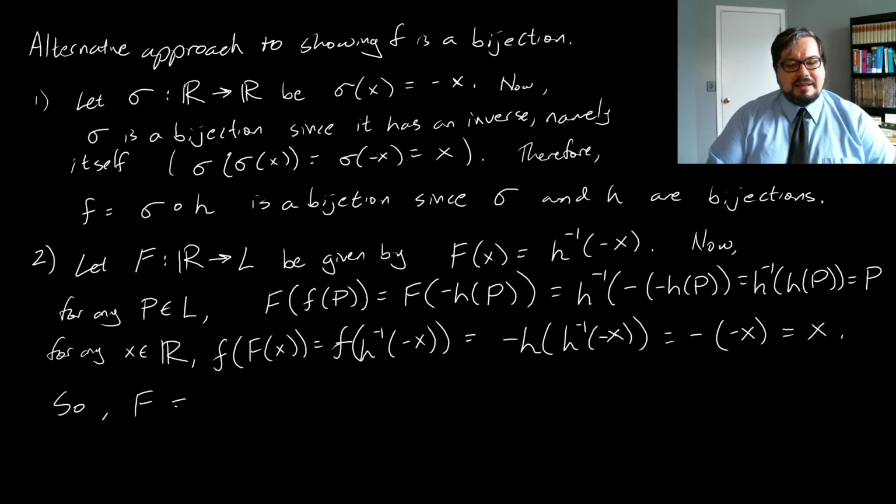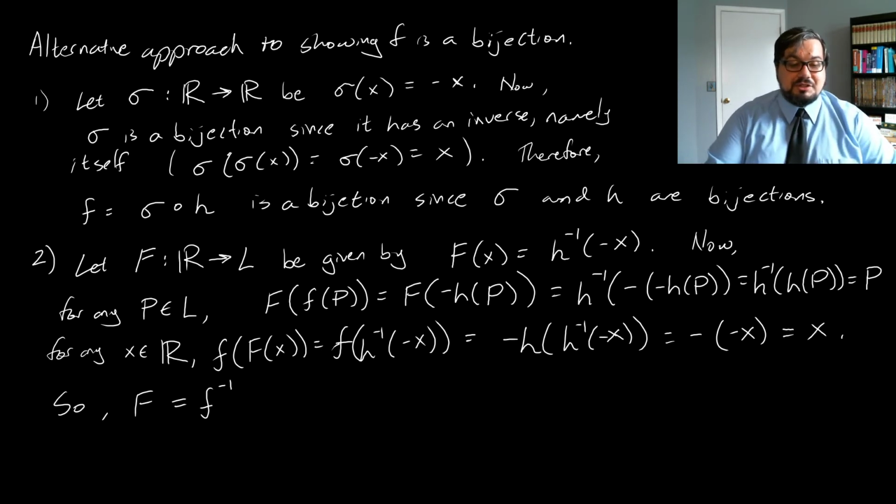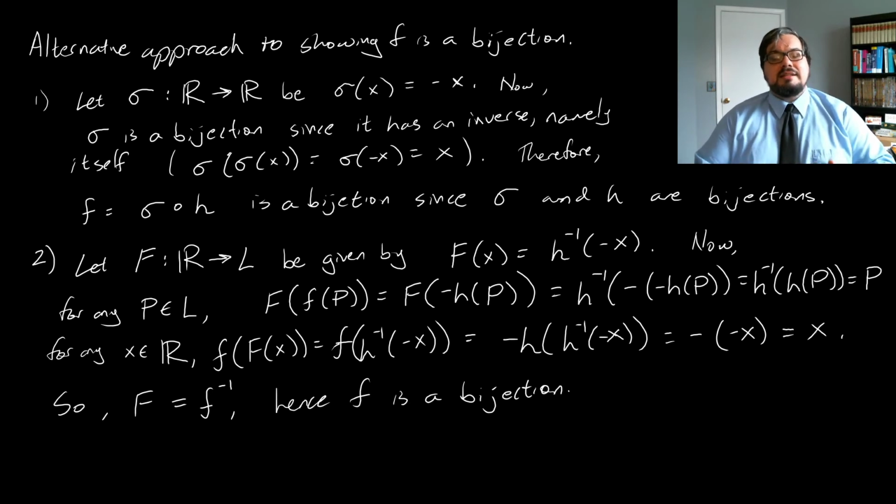So this means that capital F is equal to the inverse of little f. Little f and capital F are inverses of each other, and hence f is a bijection. My point is that there are several ways of proving that a function is a bijection. You don't just have to prove injectivity and surjectivity directly, and some of them are somewhat more efficient ways of doing it, but they also might be a little bit harder to wrap your head around at first.